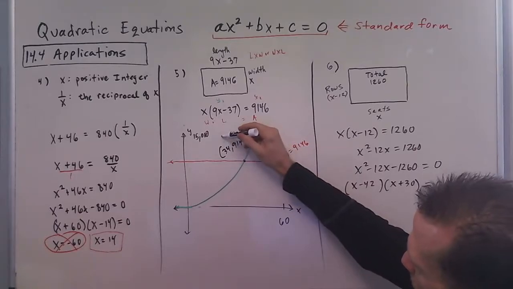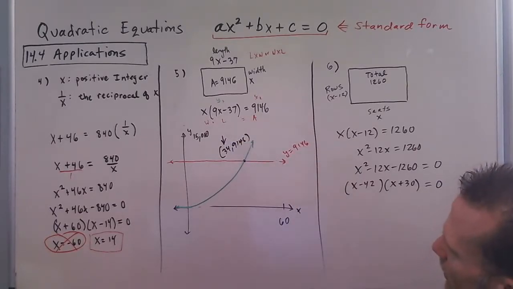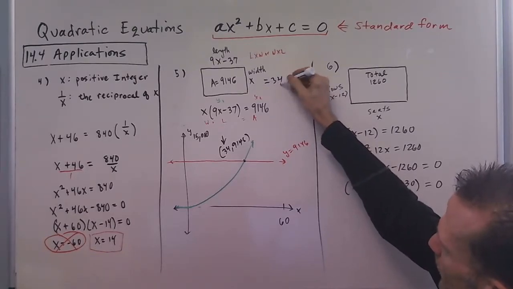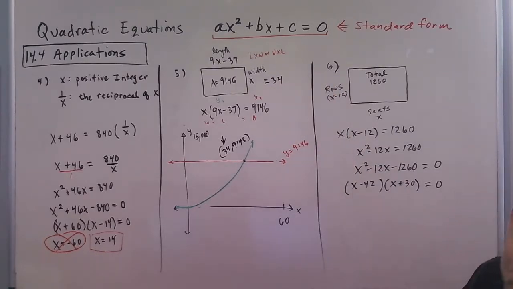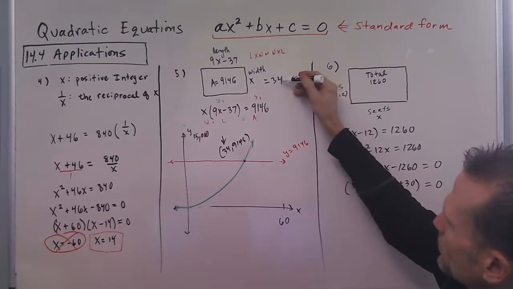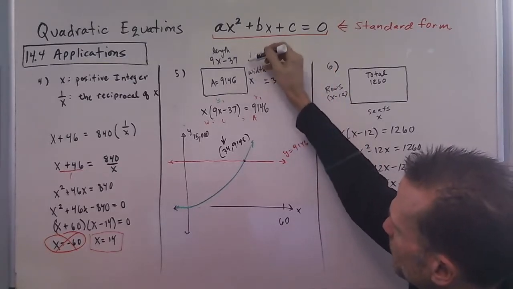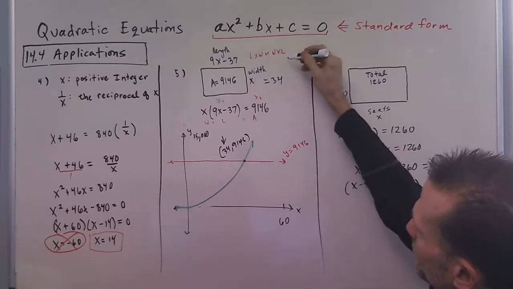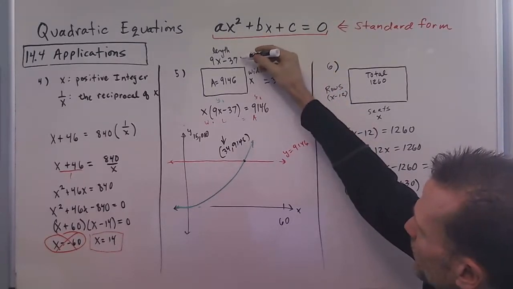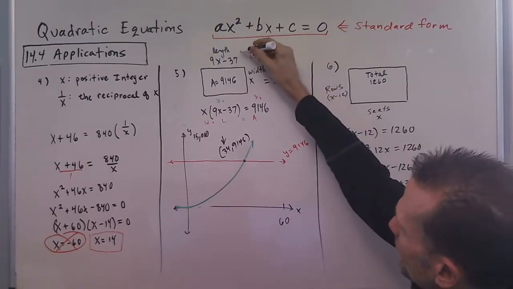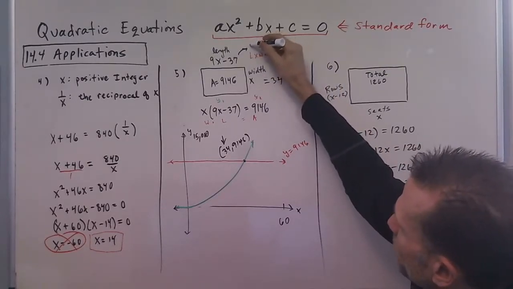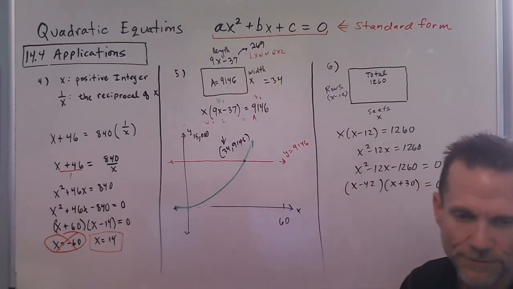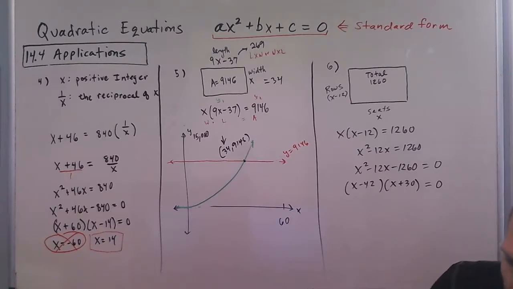But what we're concerned with is this x value right here. That is going to be our width. X is equal to 34. Then what we do with this 34 is we're going to put it into this for our length, okay? And when we put it into the length here, we'll get the length is 269 by substituting that 34 in for the x.